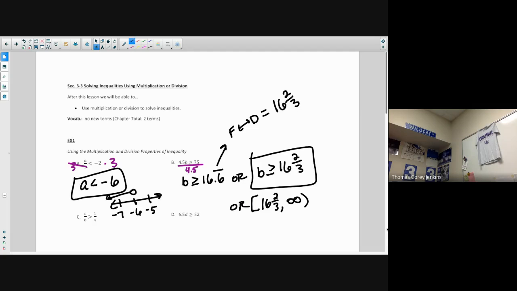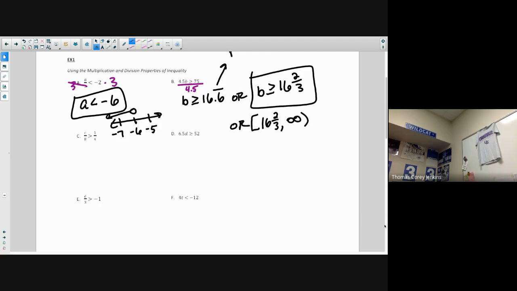All right, do a couple more, and then I'll leave the last couple for you. Next one is a little more interesting because you have a fraction, but this shouldn't be a problem. You should just be able to look at that and know I need to multiply both sides by 8. And in my calculator, I can multiply 1/4 times 8. It's really that simple. All right, so when I multiply both sides by 8, I get C is greater than 1/4 times 8.